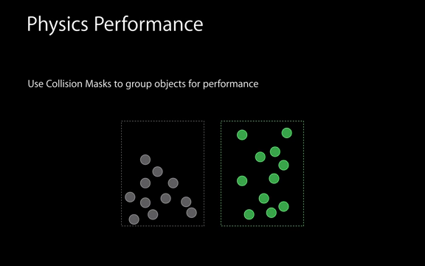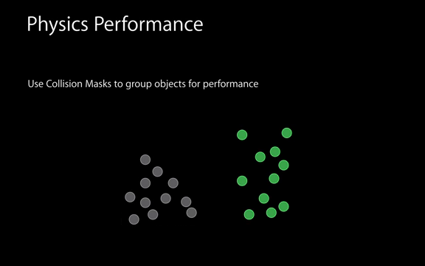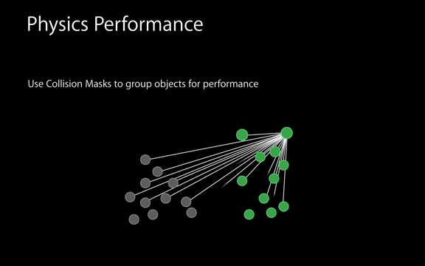So you can help the engine out. This is what the engine sees. It's like, for every one of those green marbles and every one of those white marbles, are they hitting? So just imagine how many comparisons that is.